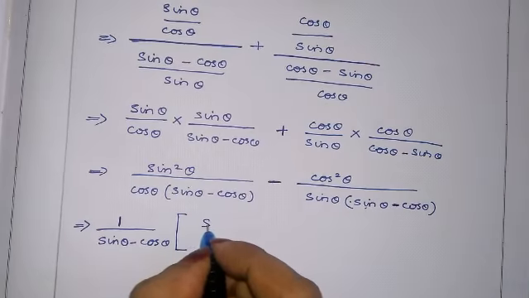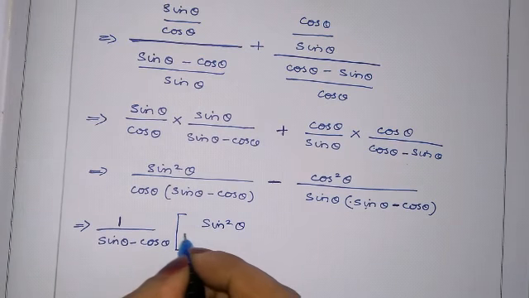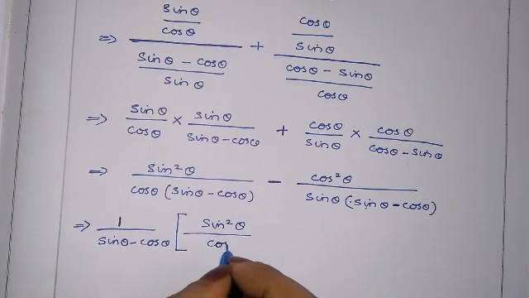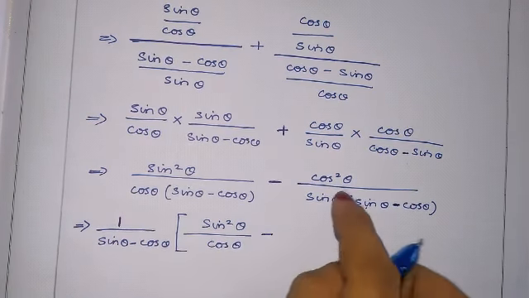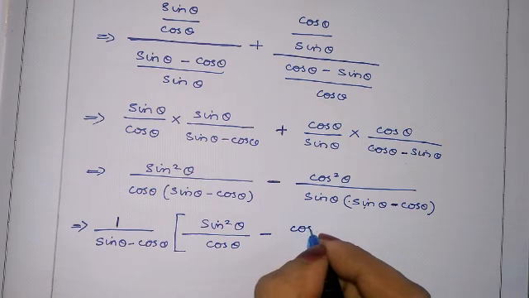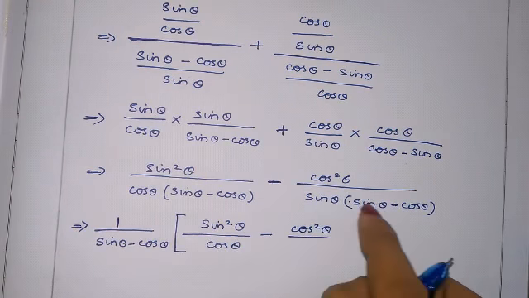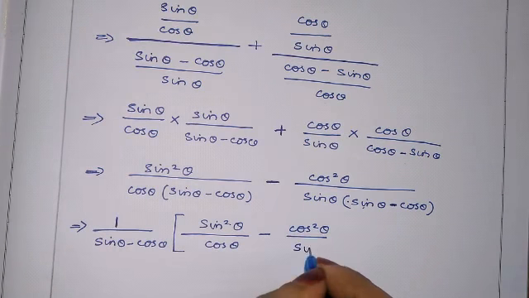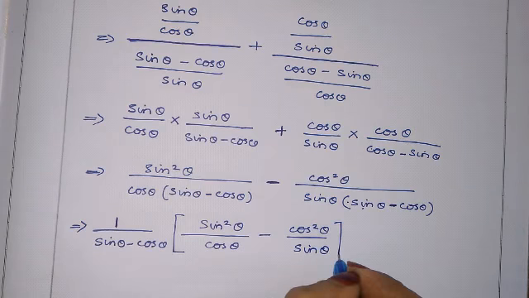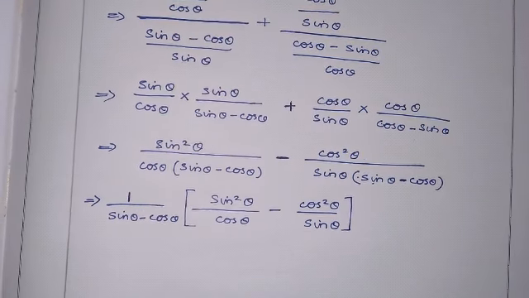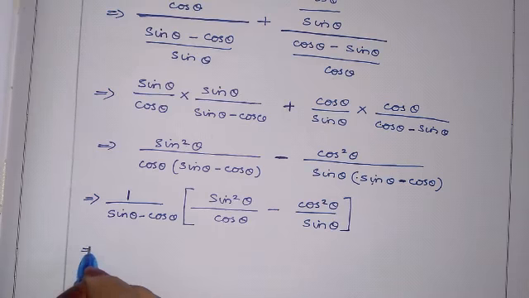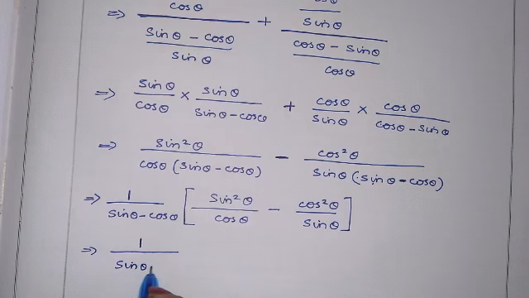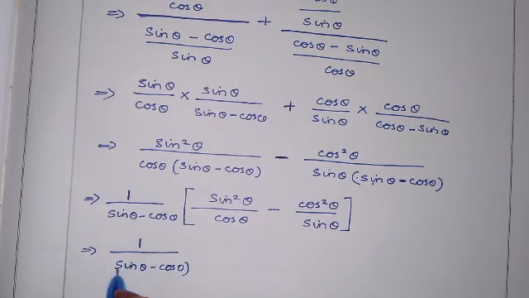Here it is left sin squared theta, and here I have taken it already common, left only cos theta, minus as it is, cos square theta as it is, upon sin theta minus cos theta I have taken common, only sin theta left. So in the next step, this 1 upon sin theta minus cos theta let it be outside only.